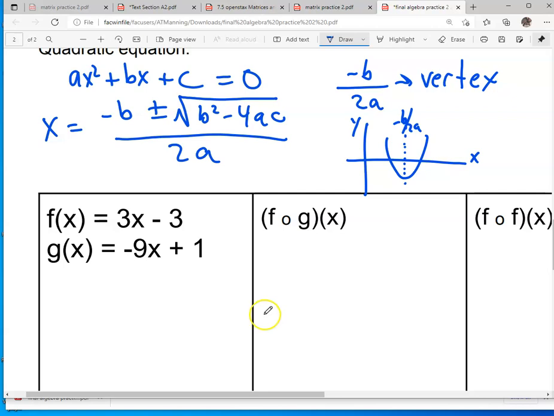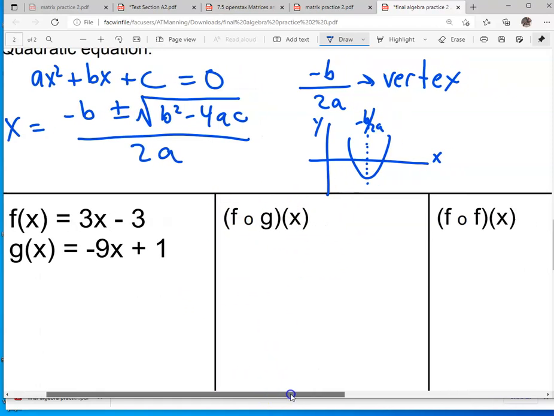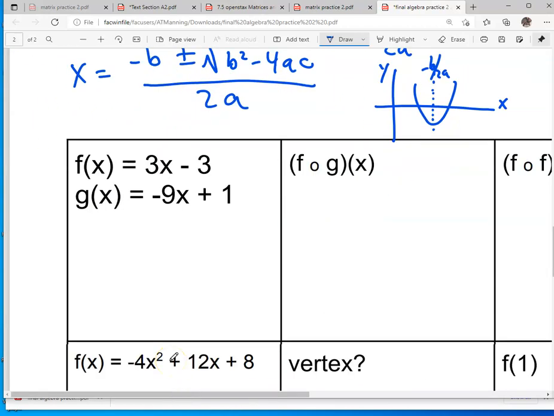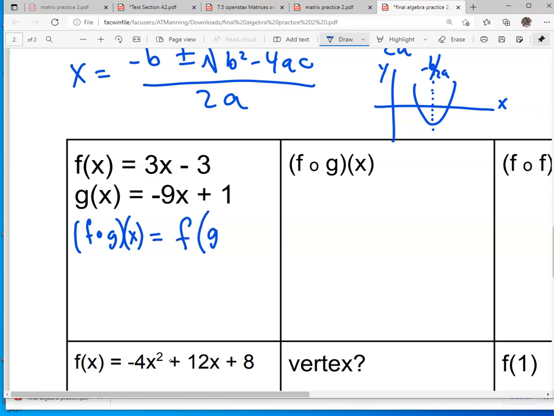But we're given problems that have nothing to do with the quadratic equation. We're being asked to show what f composition g is, the composition of functions. And over here I'm going to write in my notes, because I like it written out this way better. f composite g of x, I like to write as f with g of x as its input.